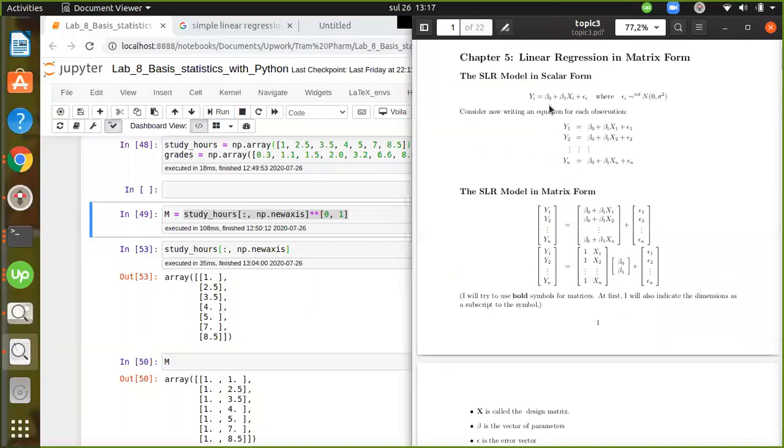Y equals beta 0 plus beta 1 x plus the error epsilon. When we turn it into matrix form, we get our vector of grades equals... in the second one there is the vector of data, here the study hours. You see the one here? It is because of this constant term.